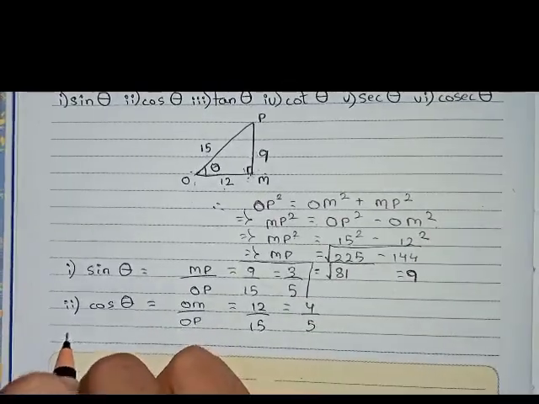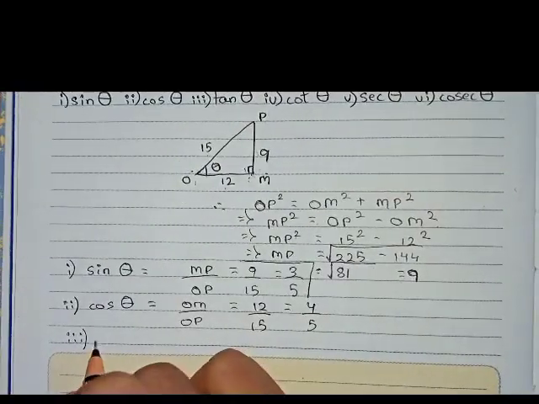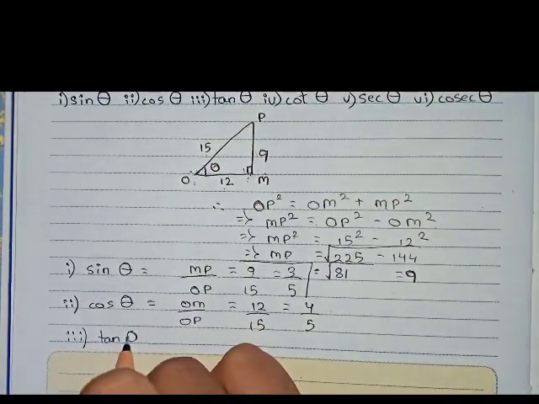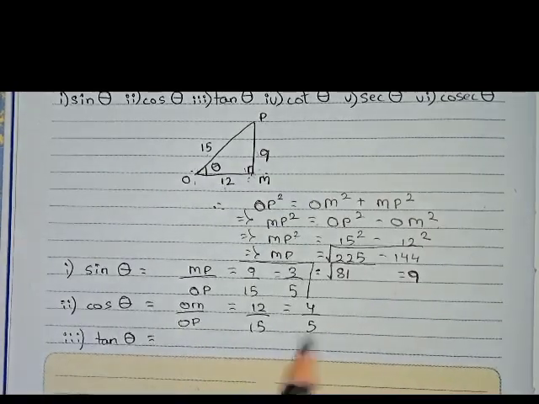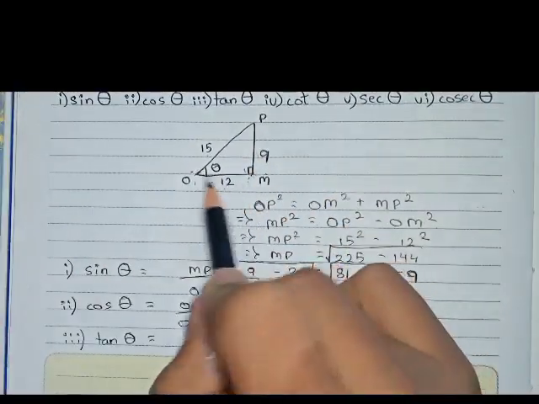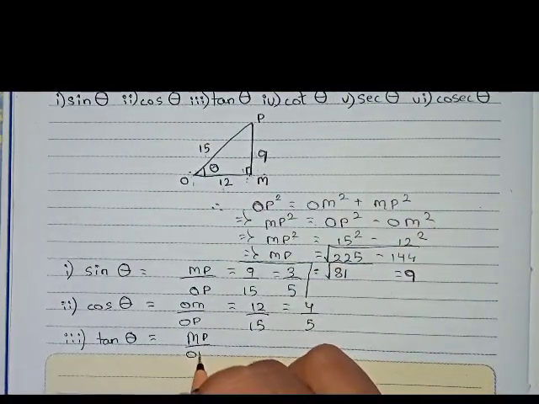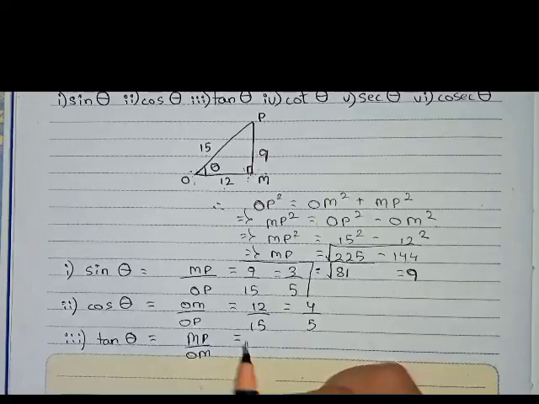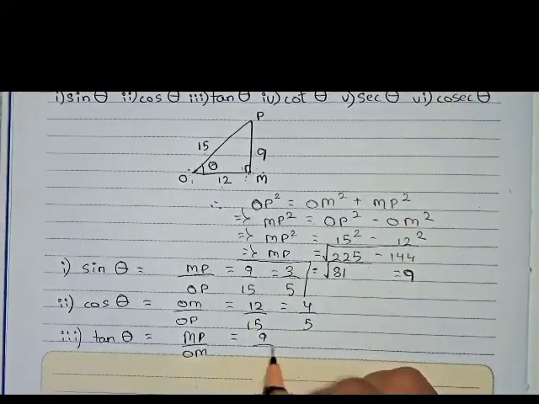Now question number 3, that is tan theta. Tan theta means height by base. Here height is MP and base is OM. So MP by OM is equal to MP is 9 and OM is 12.